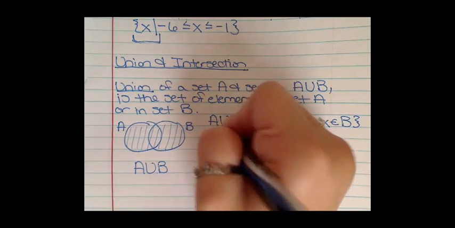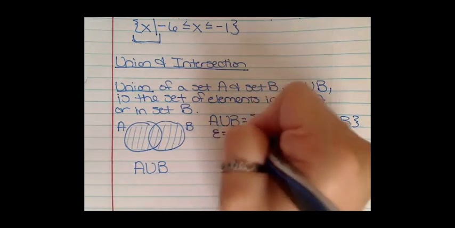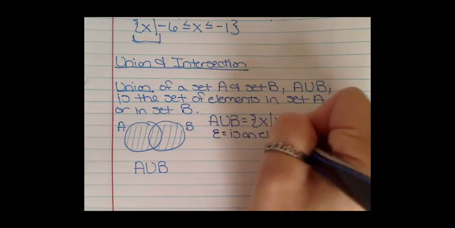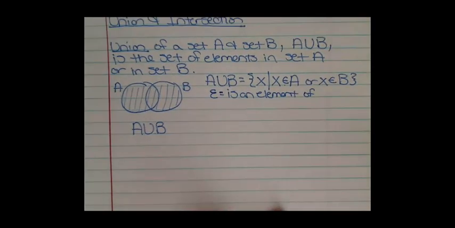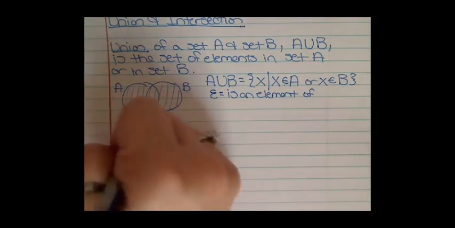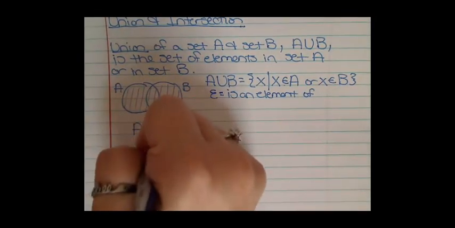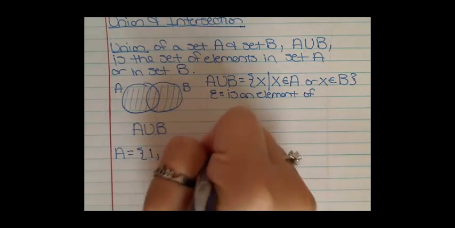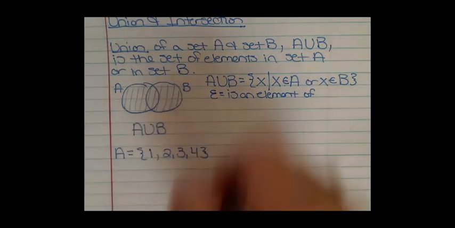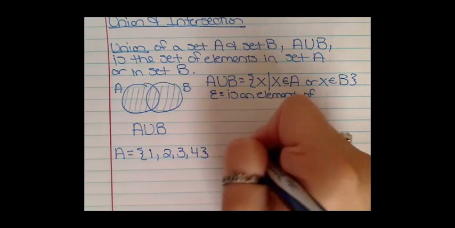Okay, so here's an example of what that means. If we say that the set A is a set of numbers that's 1, 2, 3, and 4, and we say that B is a set of numbers 3, 4, 5, 6, and we want to know what A union B is.